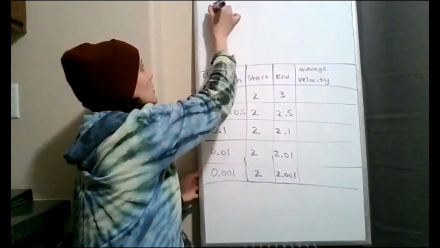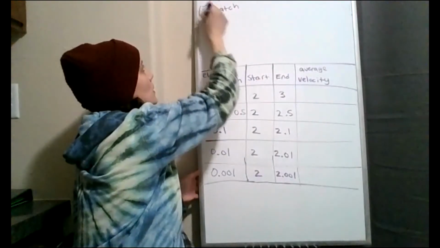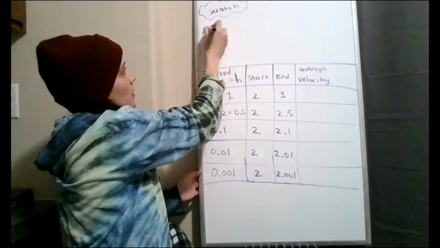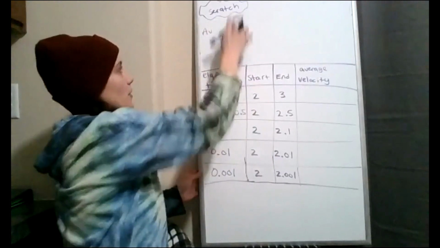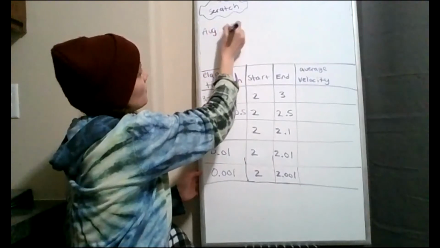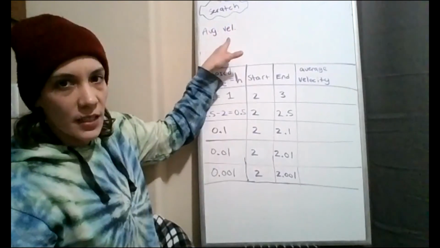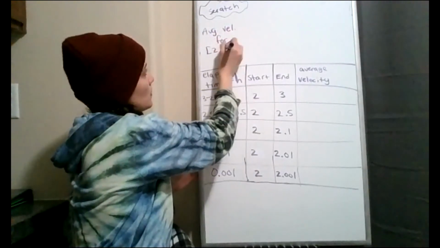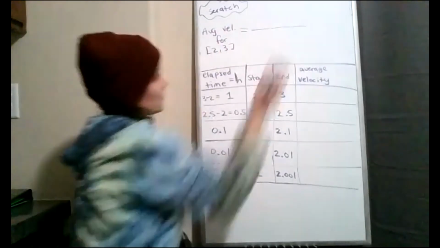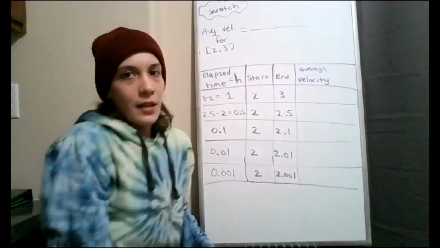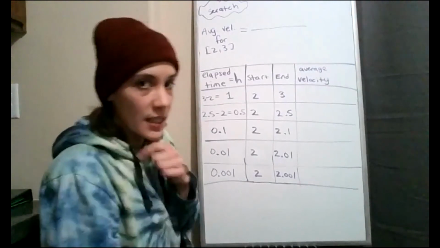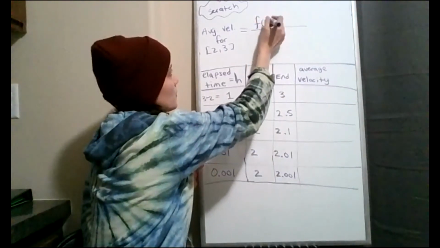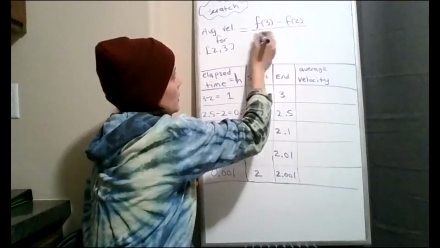Scratch work. Average velocity. This is supposed to be the average velocity for the interval that goes from 2 to 3. These have f of 3 minus f of 2, divided by 3 minus 2.